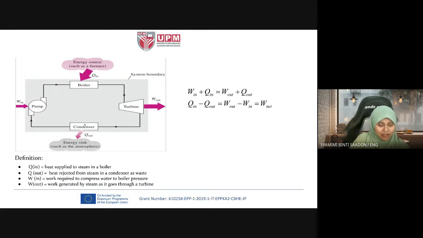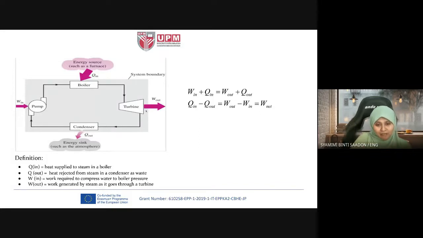So if you don't have this heat sink, or the condenser, the working fluid exiting the turbine at high temperature and high pressure cannot directly enter the pump, the compressor, because normally the pump, the compressor, will compress, it will increase pressure and temperature.